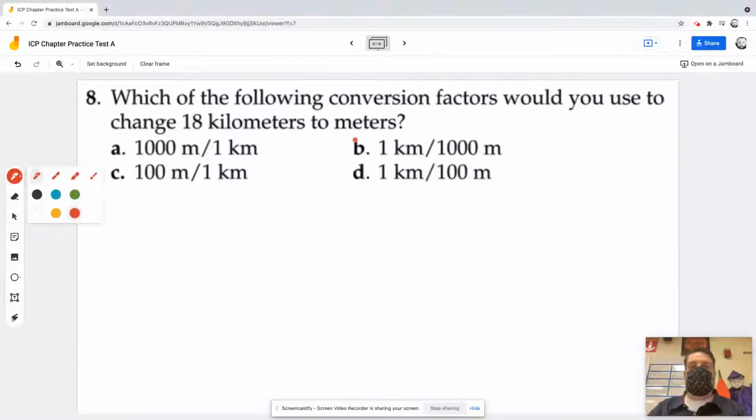So that means that these two are out. Now, which one is an accurate equivalency? In other words, what equals what? How many meters are in a kilometer? 100 or 1,000? Kilo stands for 1,000, so it's A. Okay, kilo means 1,000.